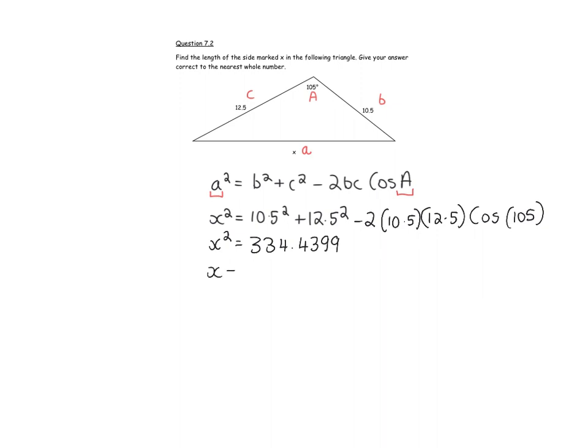Then we need what x is, so we get the square root of 334.4399. That then will give us an answer of 18.2877. That, correct to the nearest whole number, is 18. So x here is 18. And because they don't have any units, we could just write 18 units.